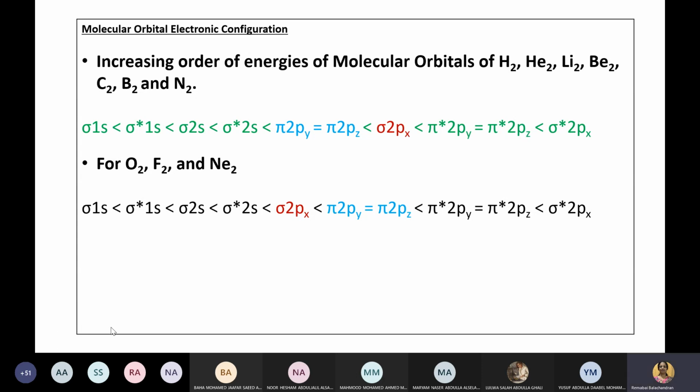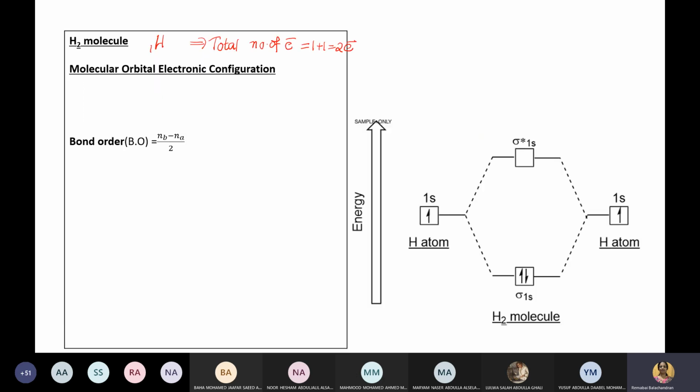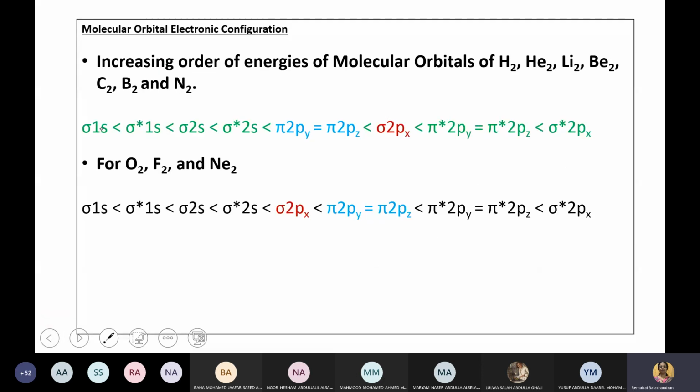Understood what I'm telling? See, dear students, if you have 2 electrons, you put 2 electrons here. 3 electrons: 2 here, 1 here. 4 means 2, 2. 6 means 2 here, 2 here, 2 here.